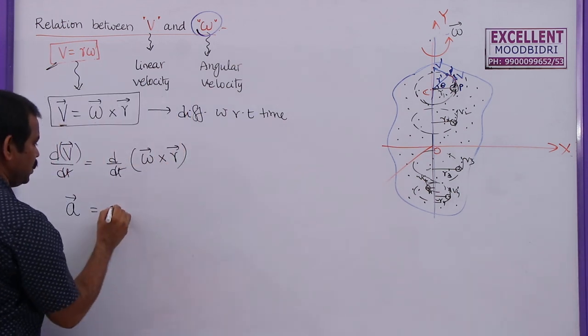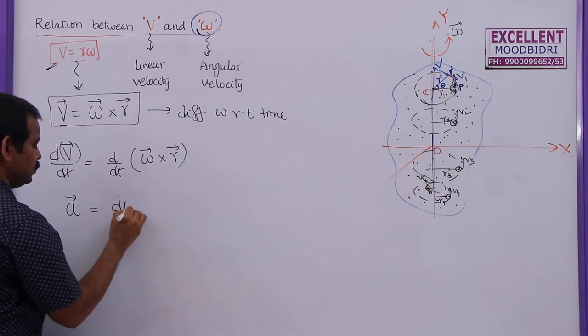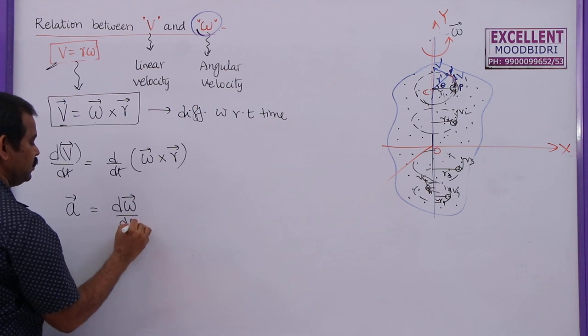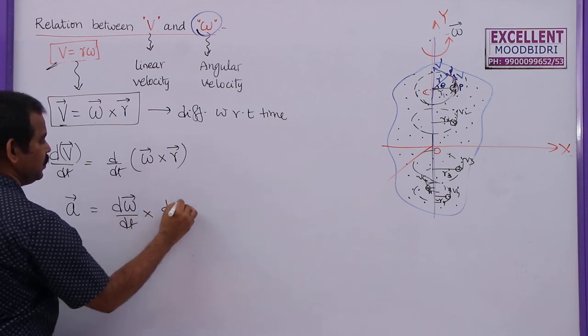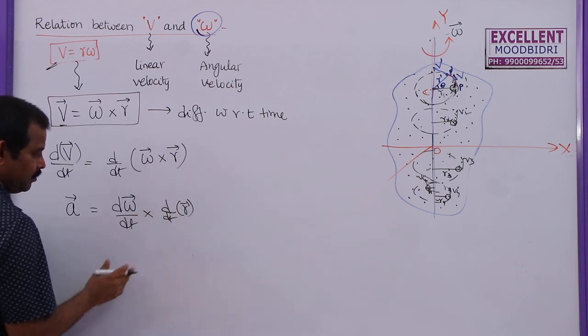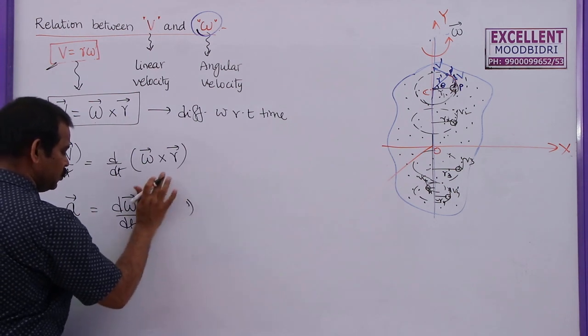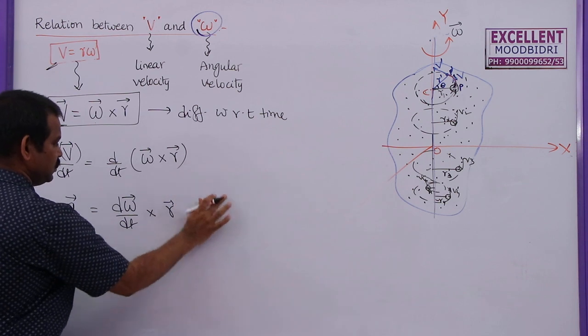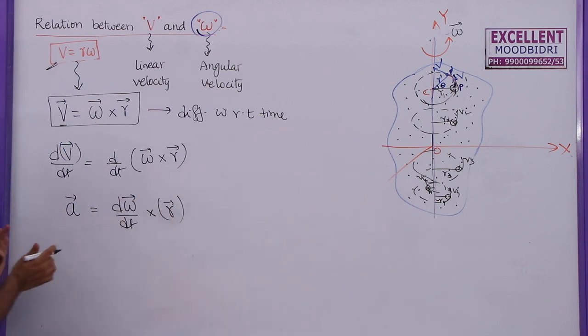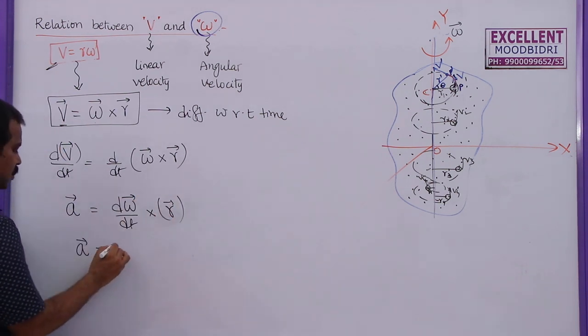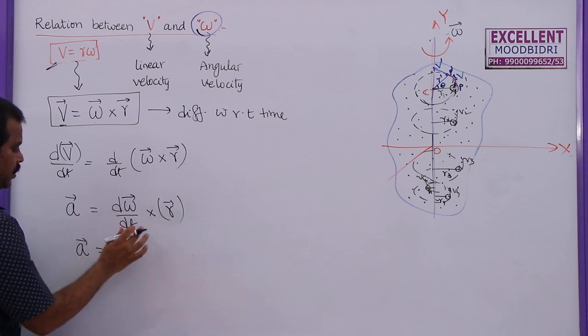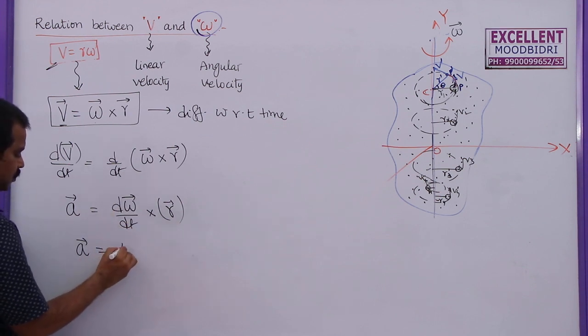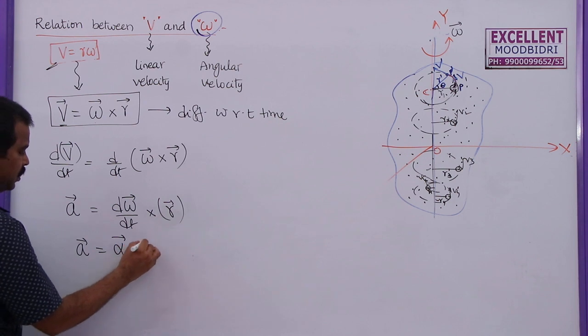So I am going to take r common. This becomes d omega by dt cross r bar, because r is constant, so you can bring it outside. So a becomes d omega by dt, which is alpha, cross r.